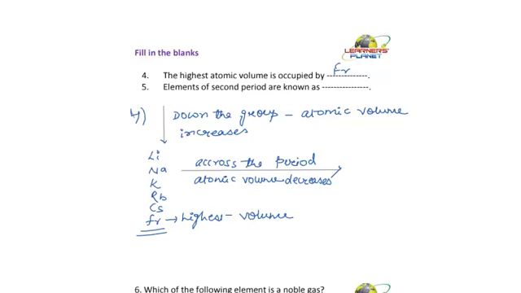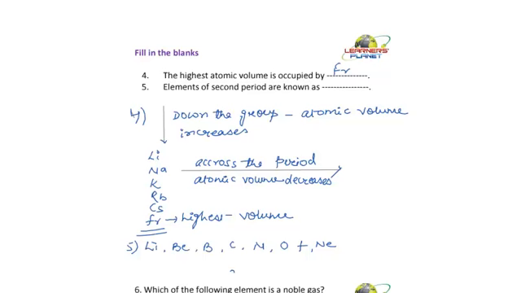Now, what is our next question here? It is, elements of second period are known as. Tell me, what are the elements of second period known as? Second period elements are lithium, beryllium, boron, carbon, nitrogen, oxygen, fluorine and neon.